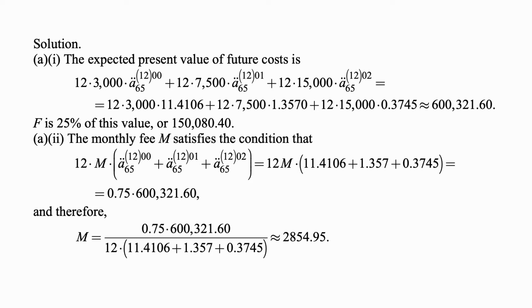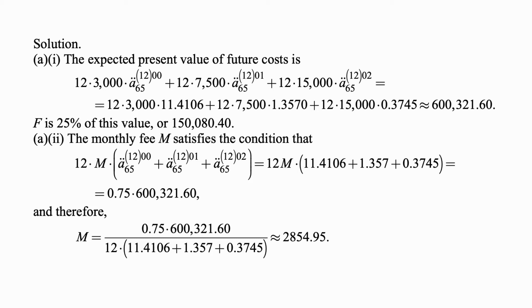Now all of these actuarial present values of annuities are given in the table, so we just plug them in and calculate this to be about 600,321.60. F is 25% of this value, so it is approximately 150,080.40.